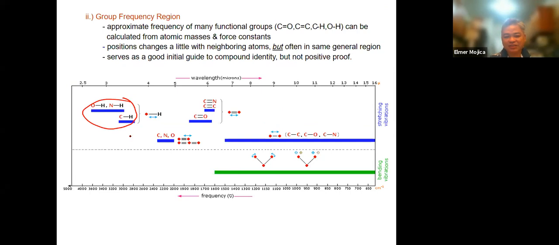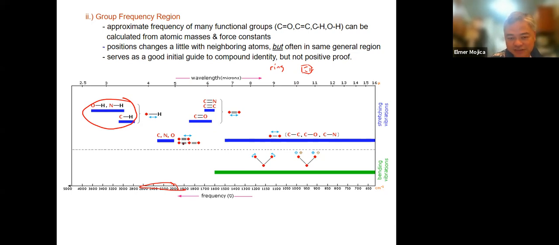If you have the triple bond, it's around 2,000 to 2,500. Now, if you have the double bond, usually this is the ring, the so-called aromatic double bonds, so it's around this region.